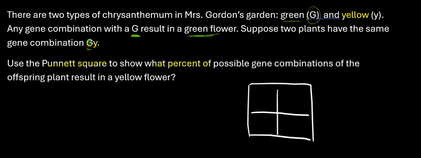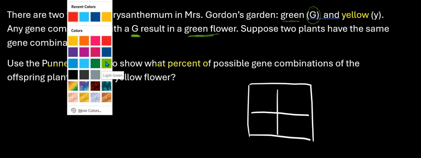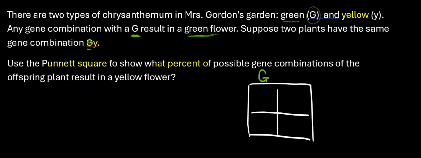Okay, let's get some green ink here. Green, we put a big G here and a big G here. Let's put our lowercase yellow indicator. We're going to get this pretty yellow flower. Okay, let's look at G times G. G times G is GG, or G squared.